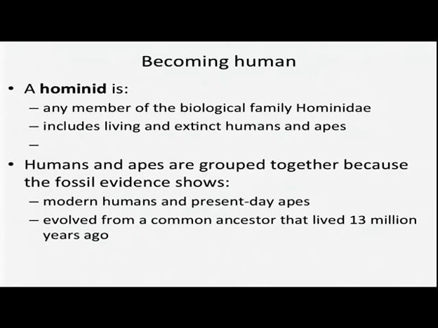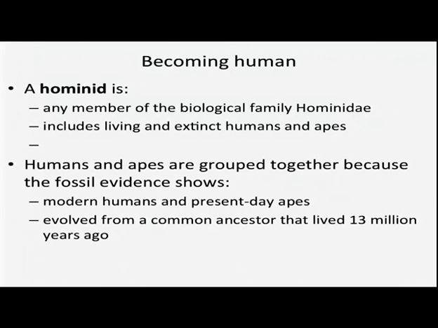All right, so we're talking about being human. In this chapter, all about human evolution. Again, a hominid is, well, surprise, anybody in that family, including any living and extinct human beings and apes, because as it turns out, we're not the only humans that have ever lived on this planet. So we're going to talk about those guys.